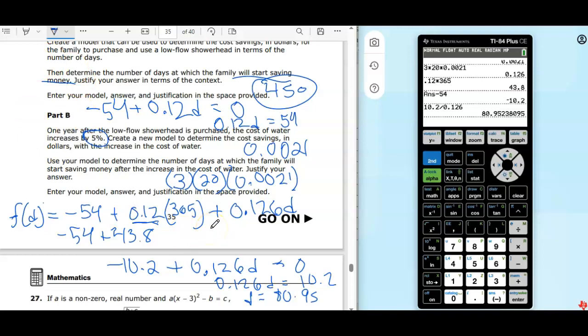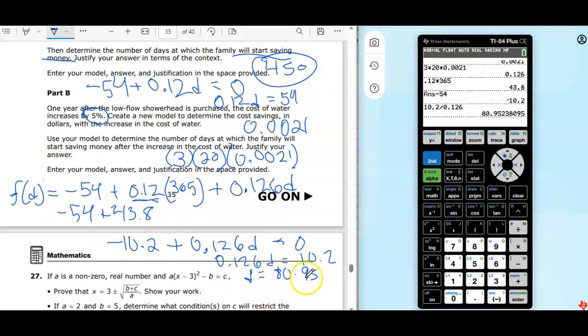So it's going to take an additional 81 days, which is less than that overall 450, right? But still going to take quite another amount of time for us to actually save that much money. So I'm going to write this as 81 days.